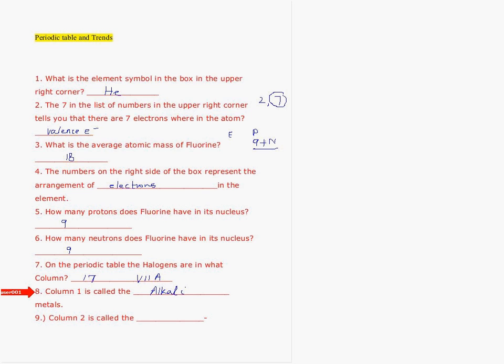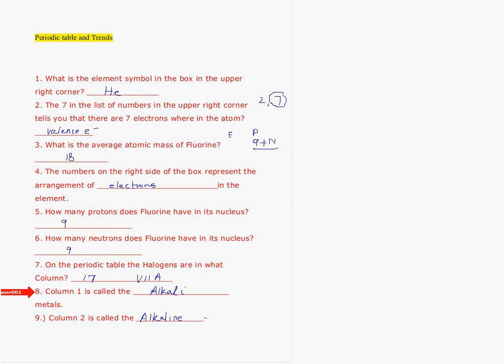These are alkali groups, right? They have the tendency of giving one electron, and group 2 is called alkaline metals. We have these names, and all these are called representative elements.